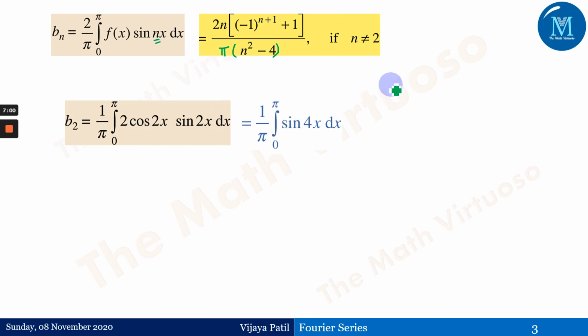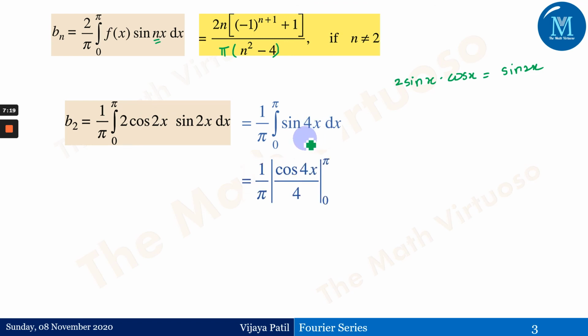It's known as 2 times sine of x into cos of x is equals to sine of 2x, right? So this is known as a double angle trigonometric formula, and that is what we are working on over here. We have got 2x instead of x, and therefore sine of 4x will come here. And then the integration of sine of 4x is cos of 4x by 4, from 0 to pi, and then we are going to get b2 as 0.